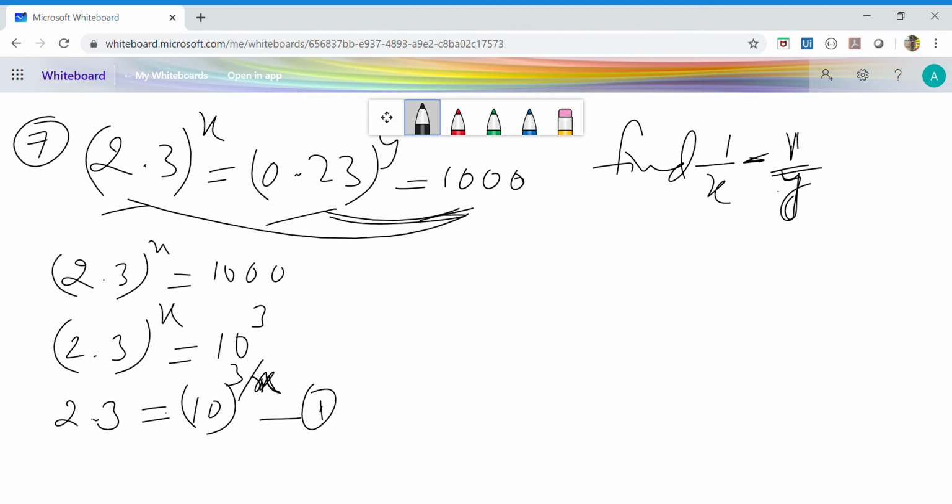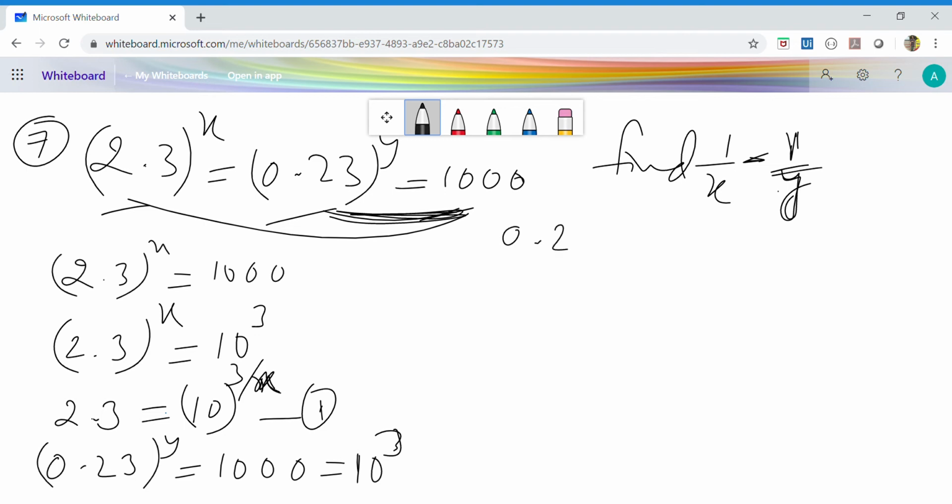And we will consider the second condition, that is 0.23 to the power of y is equal to 1000. Then it can be written as 10 cube again. So you can write 0.23 is equal to 10 to the power of 3 by y, again transposing y to the RHS.